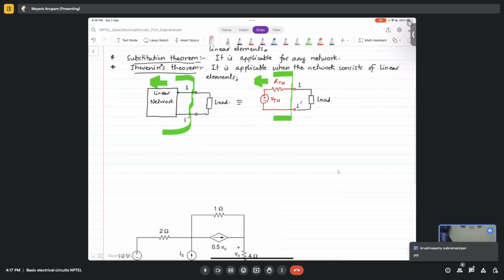Fine. So what is Norton's theorem? What is the statement of Norton's theorem?